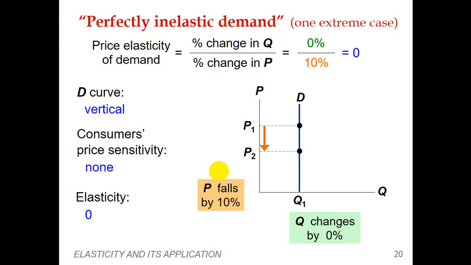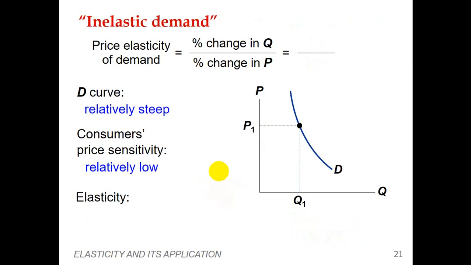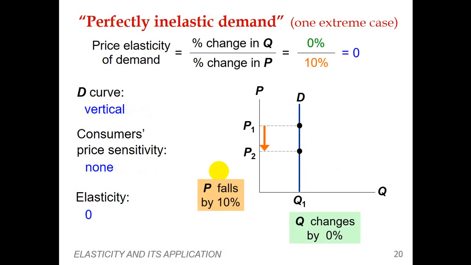The demand remains the same whatever the prices are, whether they increase or decrease. The next example: you can see that this is a perfectly inelastic curve, similar to the vertical axis.